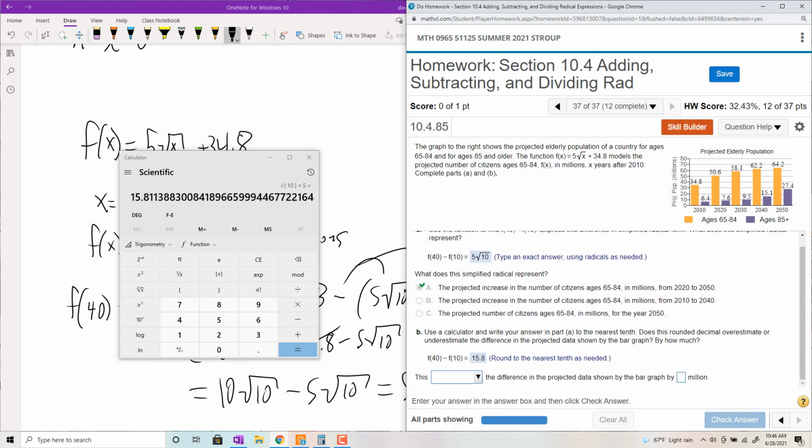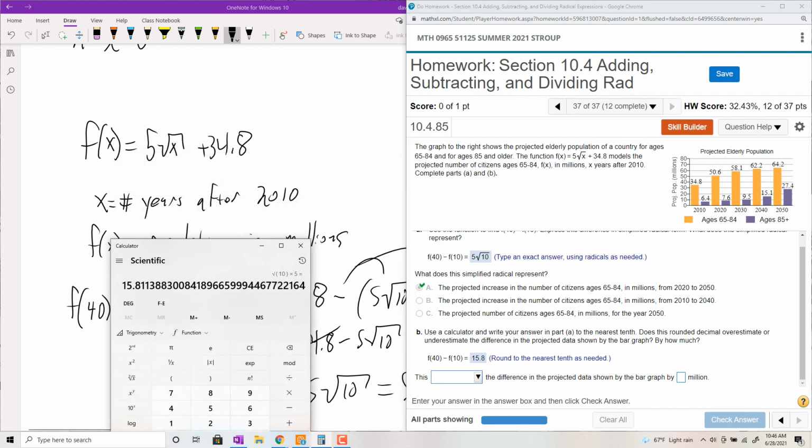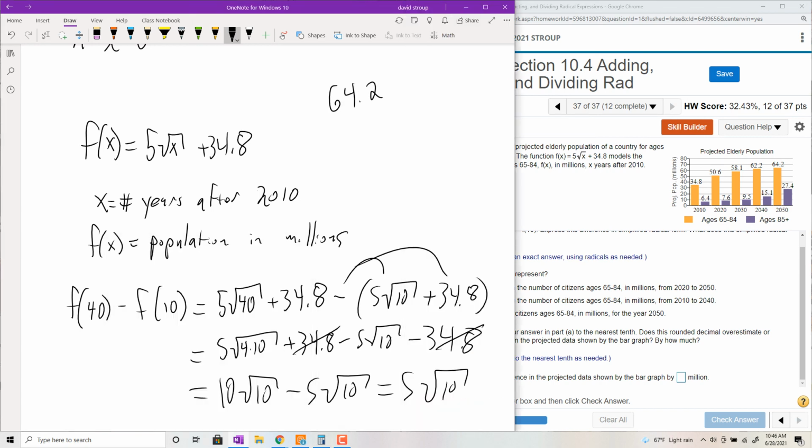Okay, and compare that to the graph. So up here, we want the yellow for 65 to 84, and the projected values, the differences here. So 2050 would be the 64.2, and then 2020 would be 50.6.